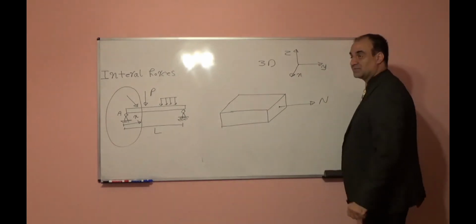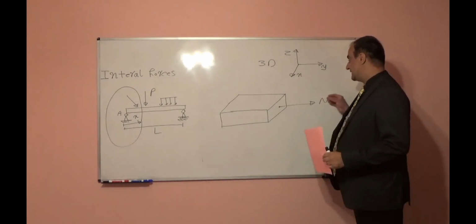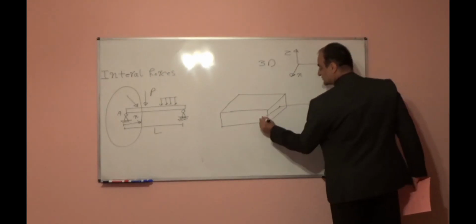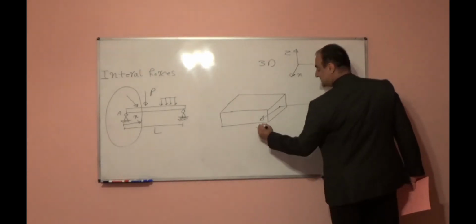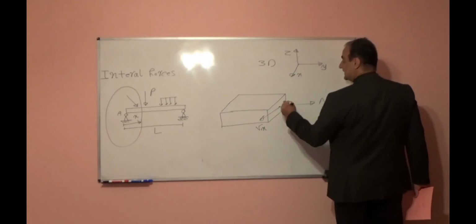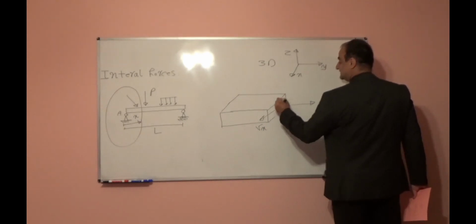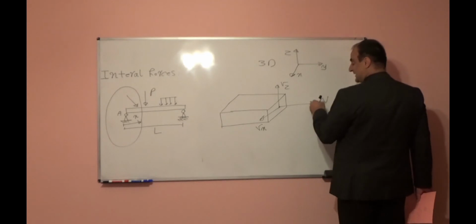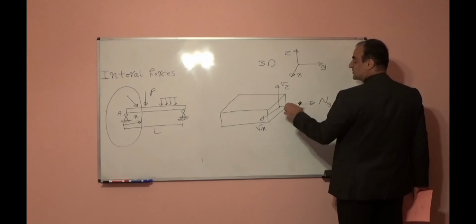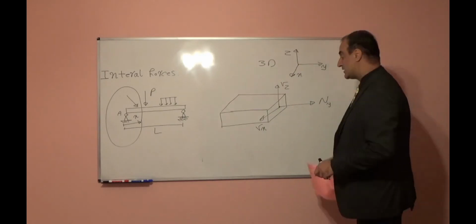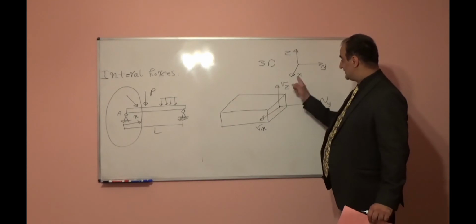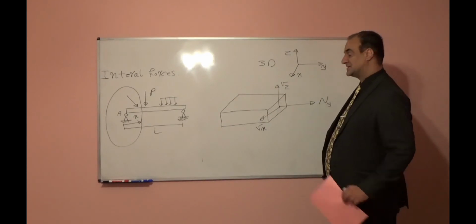Again, this axial force will prevent movement in the y direction. We will have 2 shear forces, one parallel to the x, another parallel to the z. They are perpendicular to the member.